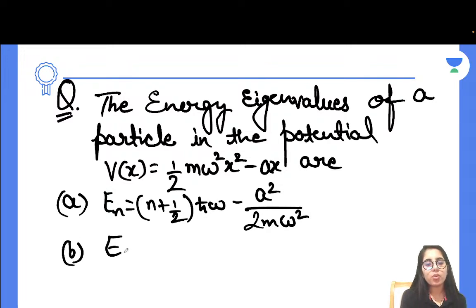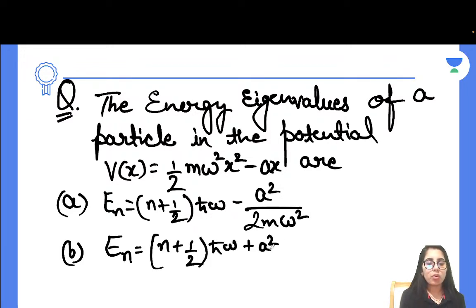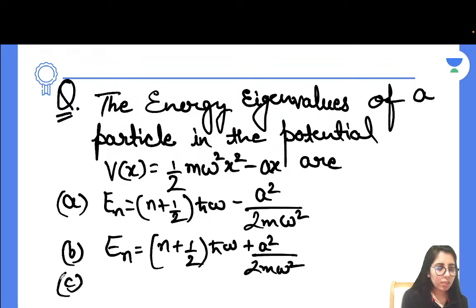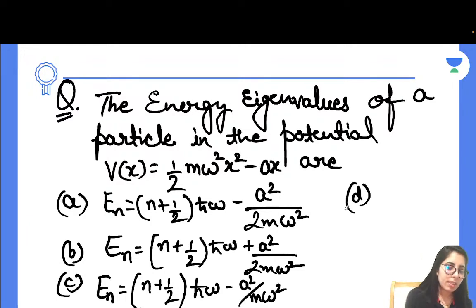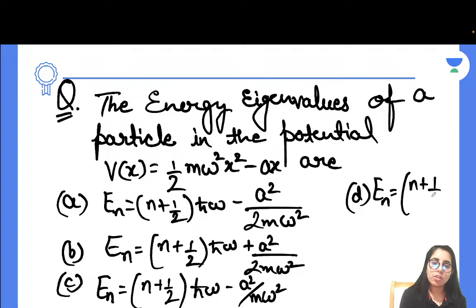Option B, En is equal to n plus half h cut omega plus a square over 2m omega square. Option C is En is equal to n plus half h cut omega minus a square over m omega square. And your option D is En is equal to n plus half h cut omega.